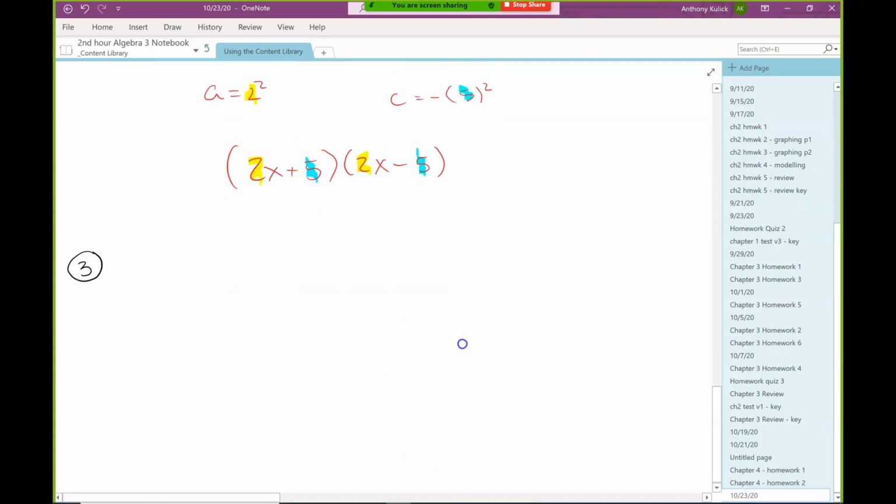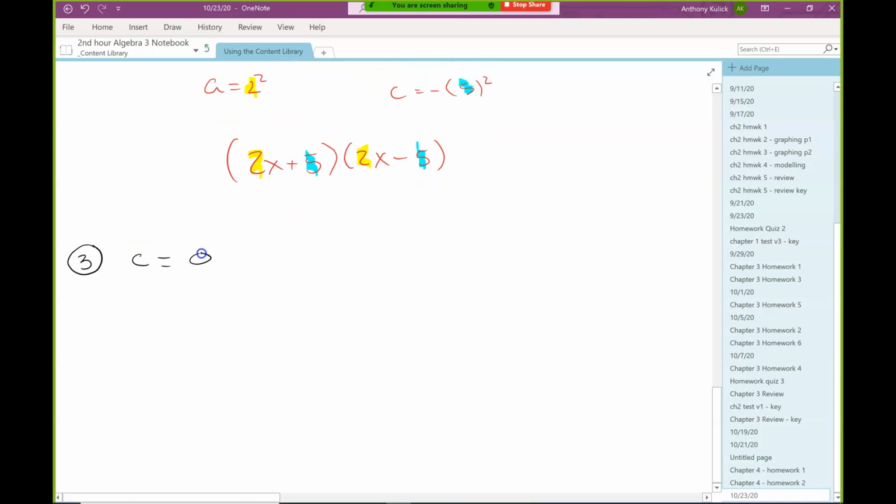Okay. The third situation is if C is 0. This is the easiest of them all. All we need to do is worry about taking out a greatest common factor.